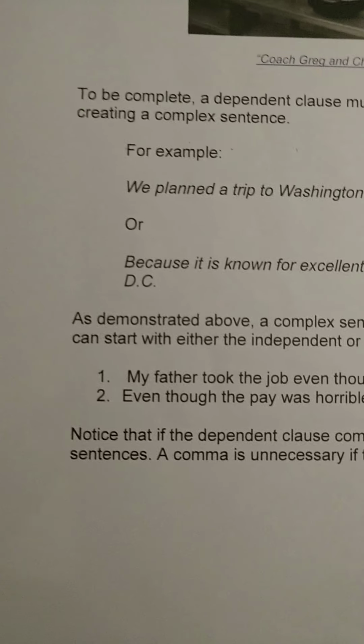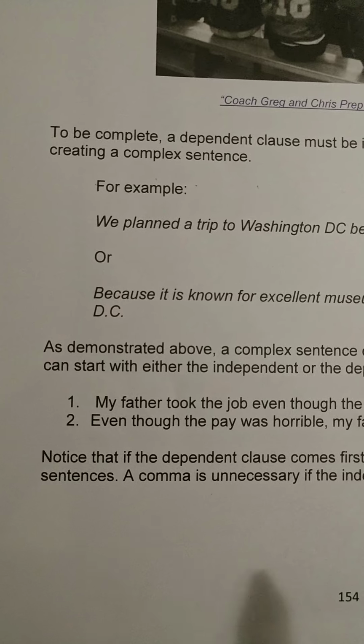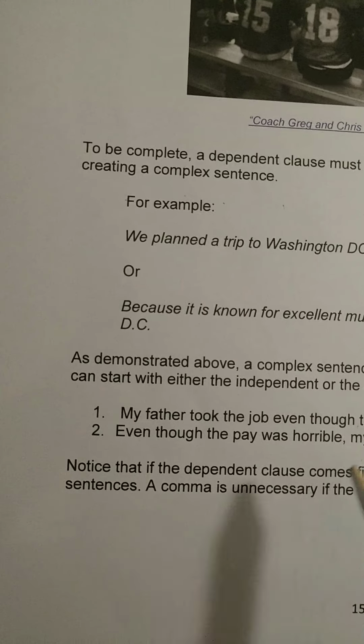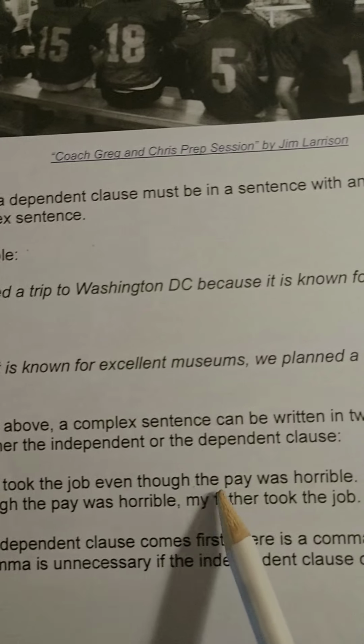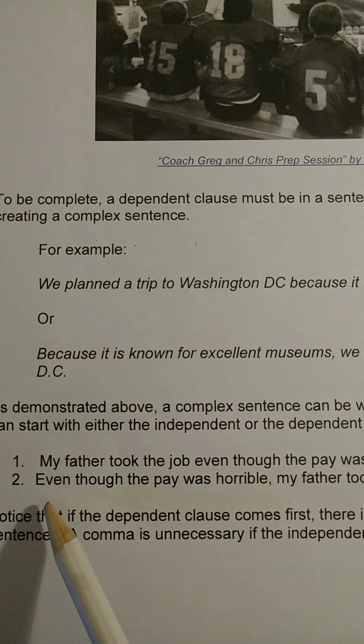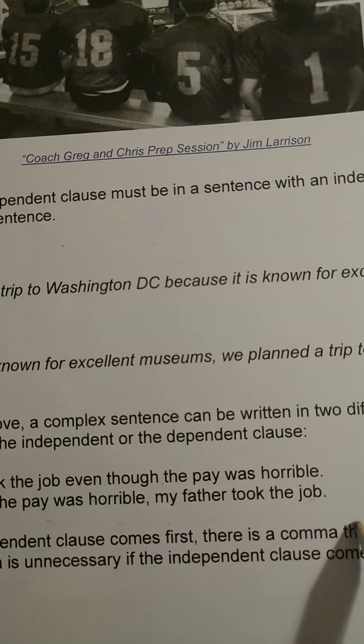All right, so here we have another example here. Okay, my father took the job even though the pay was horrible. Even though the pay was horrible, my father took the job.